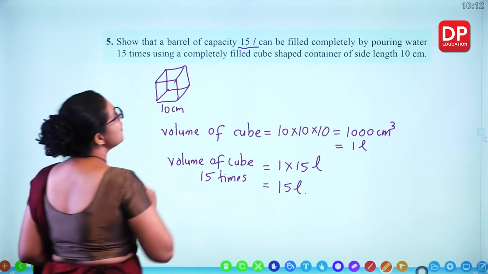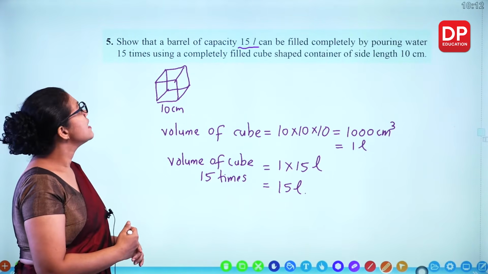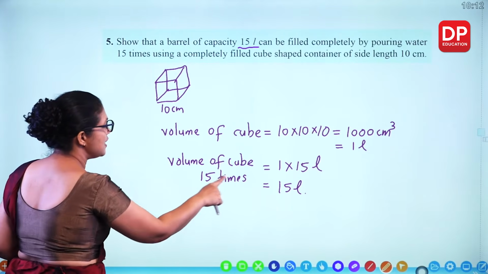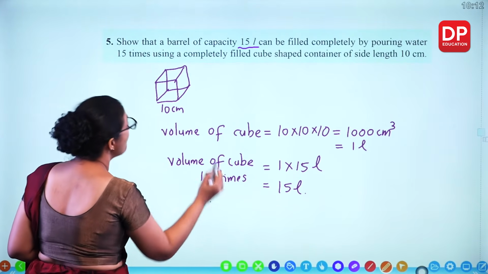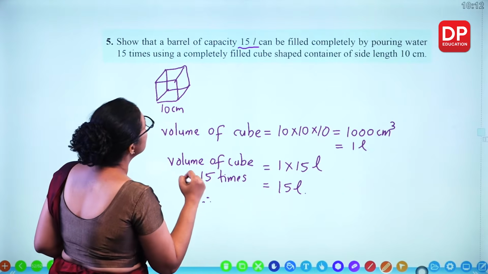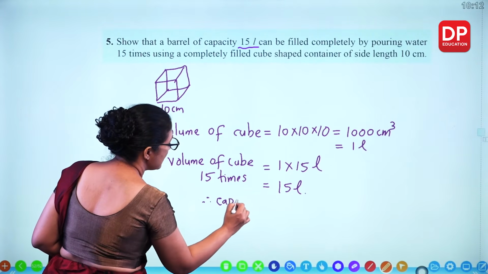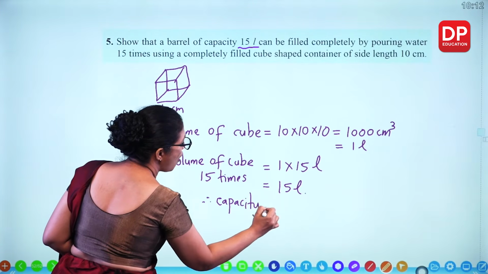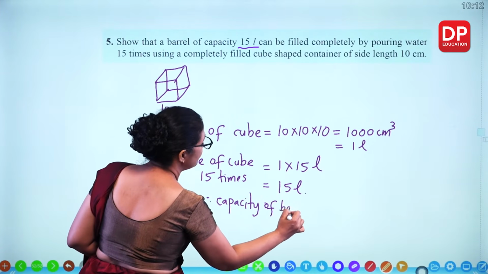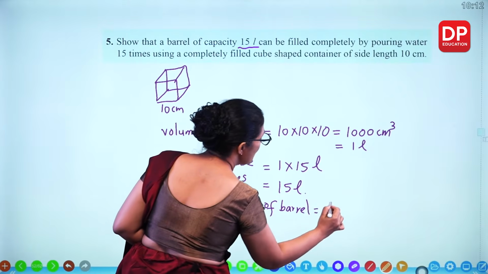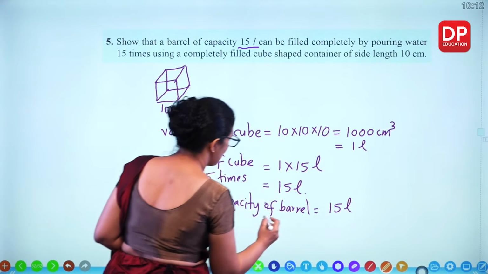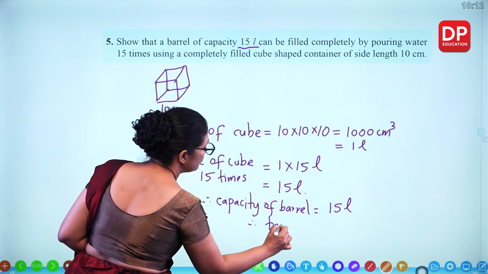So we can fill the 15 liter barrel with 15 times. So therefore we can write capacity of barrel is also 15 liters. So that's true.